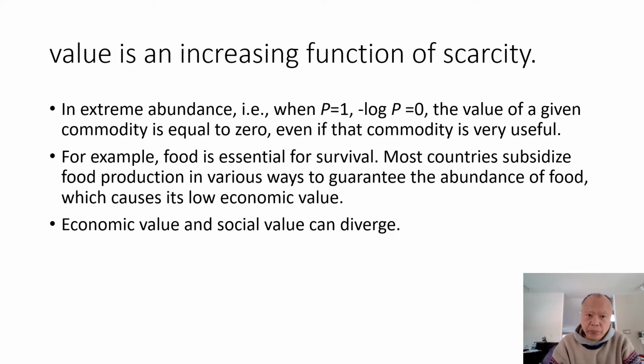For example, food is essential for survival. Most countries subsidize food production in various ways to guarantee the abundance of food, which causes its low economic value. So economic value and social value are different. They can diverge.